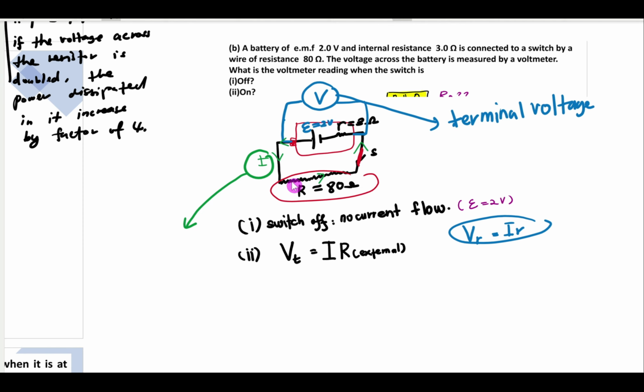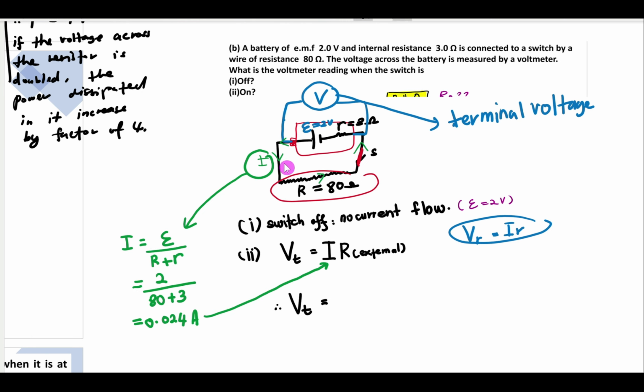When the switch is off, it means no current flows. So when no current flows, when the switch is not on, the voltmeter will read exactly the value of the EMF, which is equal to 2 volt.